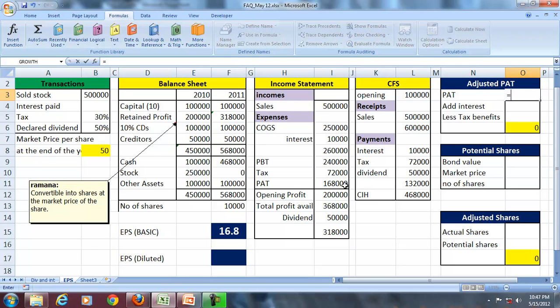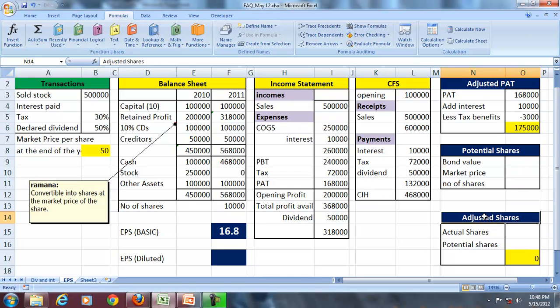Adjusted PAT is PAT, profit after tax, plus interest on the convertible bonds less the tax benefits, where the tax rate into the interest will be the tax benefits. So this is the adjusted PAT, adjusted for interest and the tax benefits of interest.